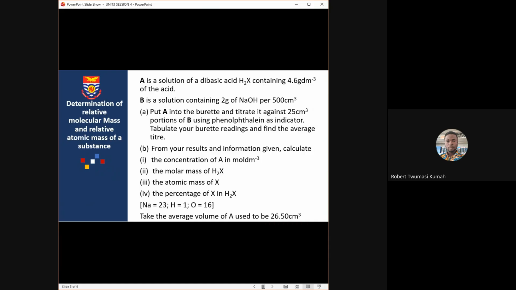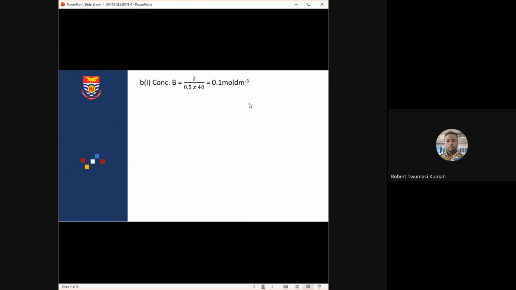So now we've been given the average volume of A used to be 26.5, but that's not where we are going to start. We are going to start from B. We can change this into amount concentration and start our interpretation from there. So changing it into amount concentration, that is mass over molar mass times volume.